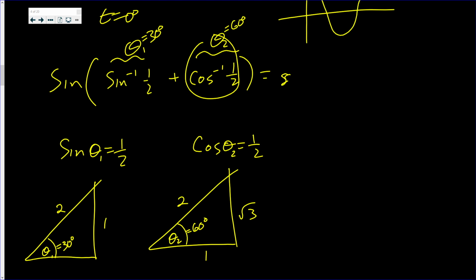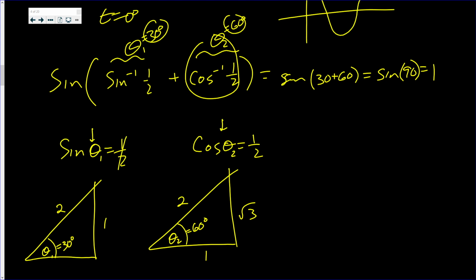Oh, they're just asking me the sine of 30 plus 60. Now, if you want to use the sum rule, go ahead. I would add first and say, oh, the sine of 90 degrees is 1. We were able to do it the longer way because we knew what angle to take the sine of to get a half and what angle to take the cosine of to get a half.